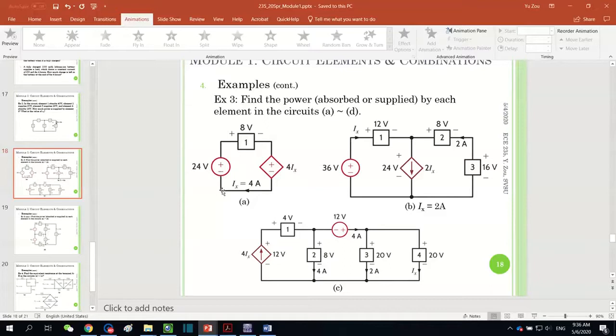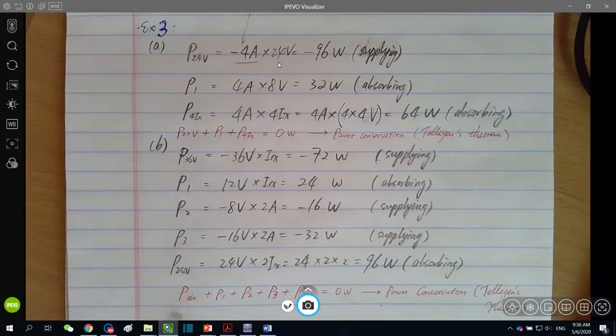So here we can either flip the voltage polarity or flip the current direction. If we flip the current direction, the resulted current becomes negative 4 ampere, and the current entering the positive polarity of the source. And that way we can use negative 4 times the voltage 24 volts, ending up with a negative 96 watts.